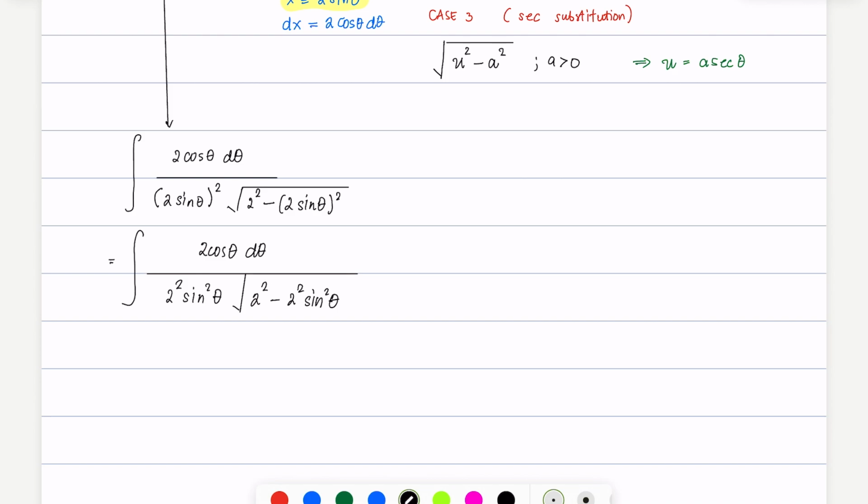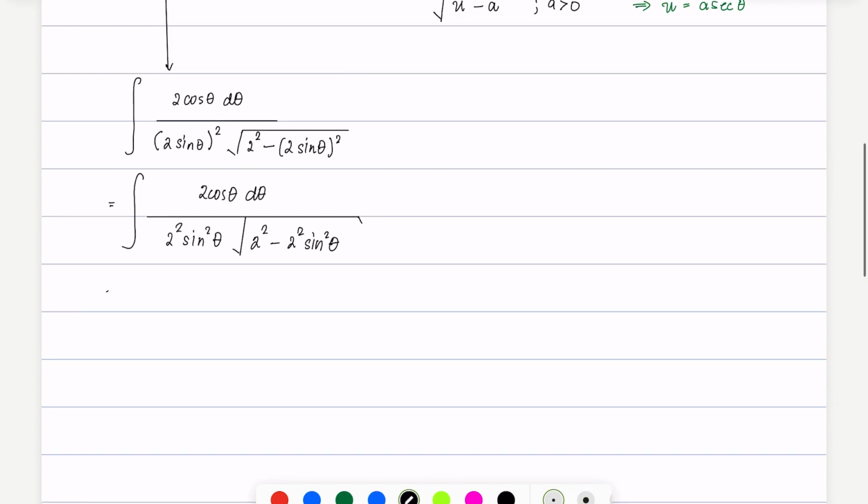Alright, so in that case, I will do further simplification. So this is 2 cosine theta d theta, and then let's have this as 4 sine squared theta. And then under the radicand, I will factor out 2 squared, so I am left with 1 minus sine squared theta.